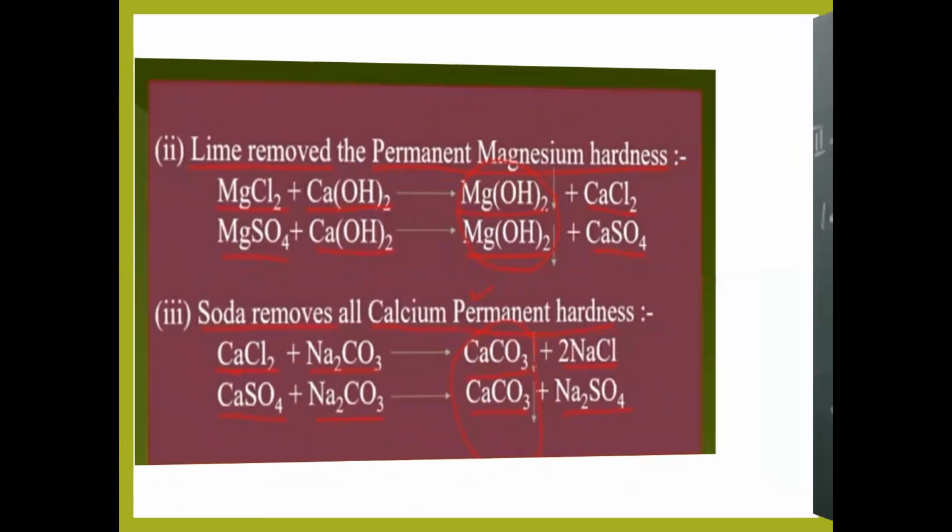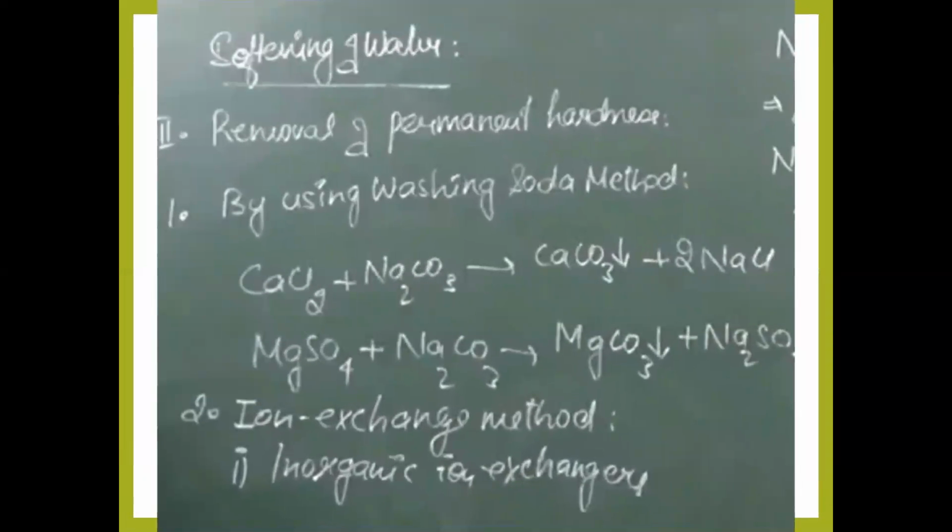So what will we do to remove the permanent hardness from the water? We will add washing soda. So the first method is the washing soda method. In this method, we treat water with a calculated amount of washing soda, which is sodium carbonate, Na2CO3.